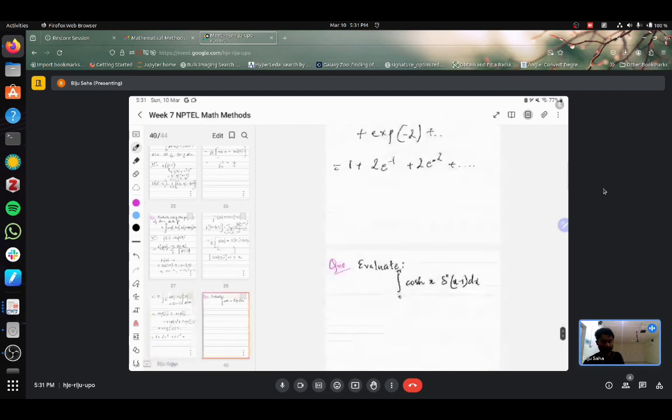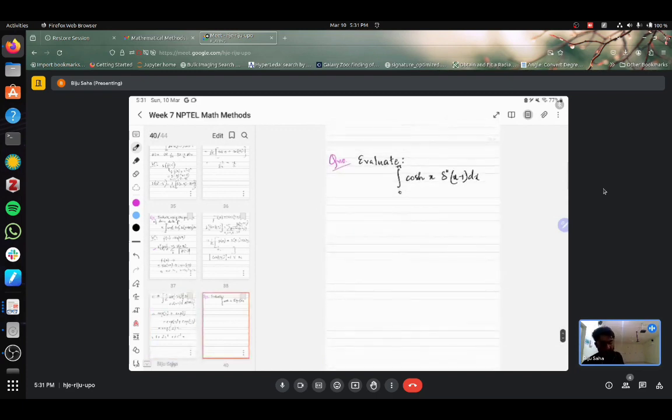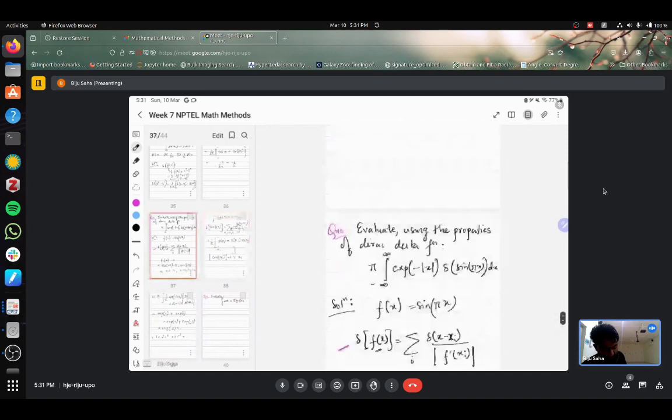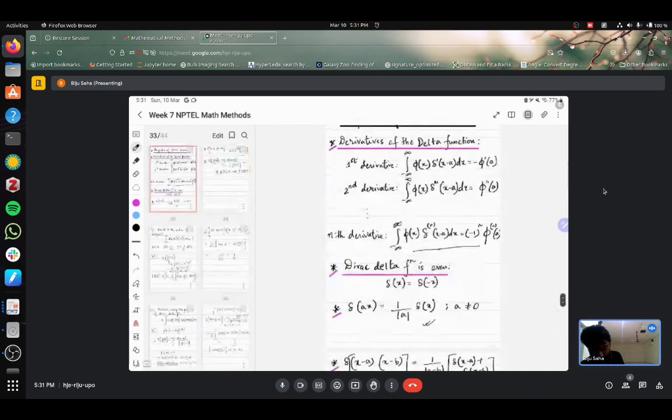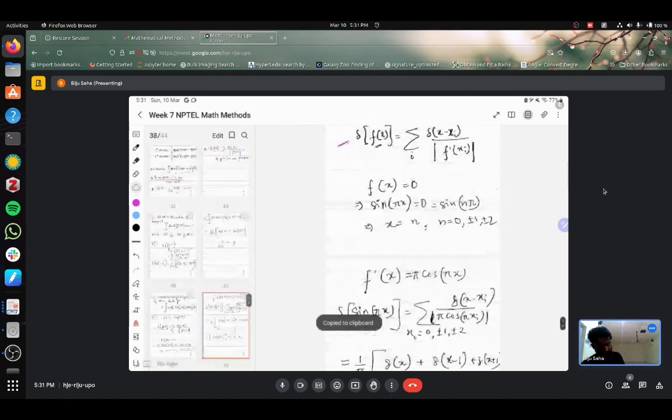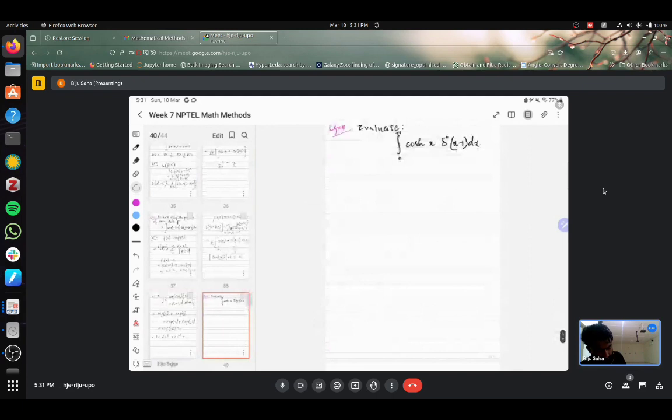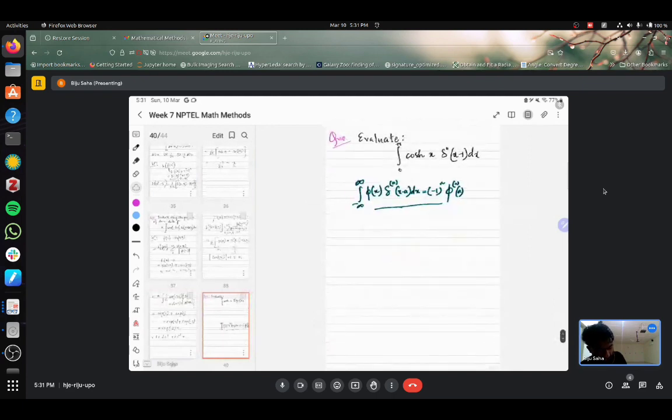Now let us come to the next question quickly. In the next question there is a derivative involved, so we will use this particular formula. Let us just compare quickly. Your n is 2, right?